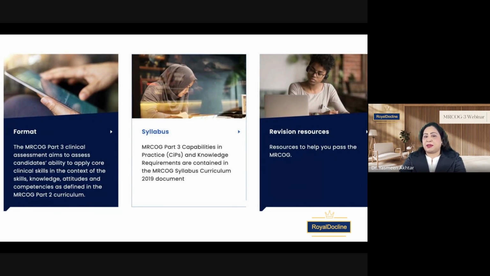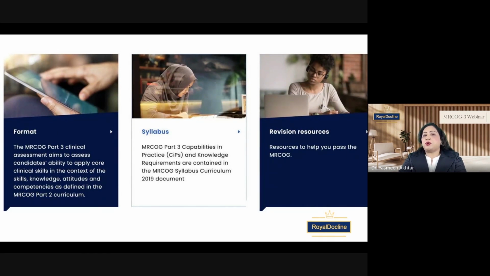Then comes the syllabus. The syllabus is actually the SIPs, for the people who are going on after passing through all the MRCOG parts. Some of the people are going to the CESR. This is the equivalent of CCT training in the UK. SIP is actually the capabilities in practice. The knowledge requirements are contained in the MRCOG syllabus curriculum 2019 document.